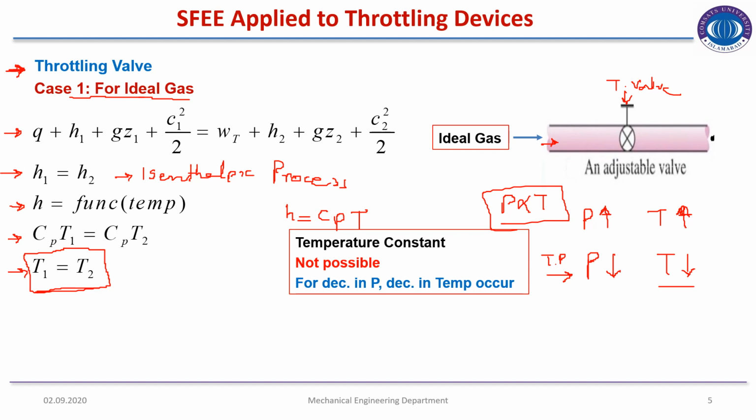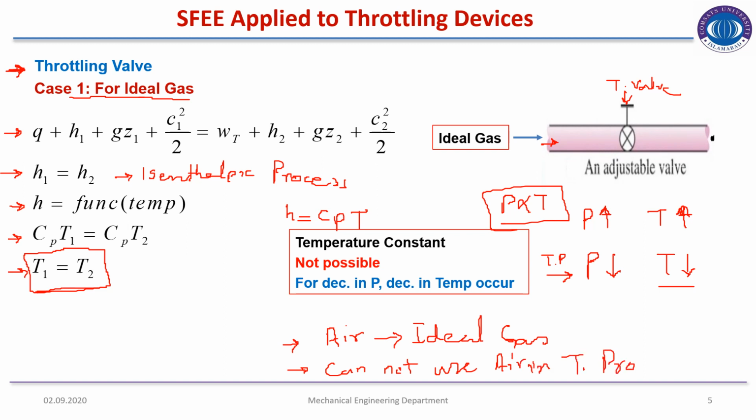So therefore you know that air is considered as an ideal gas. You can use air as an ideal gas, but you cannot use air in the throttling process, because the main focus is to suddenly reduce the pressure, which consequently also reduces the temperature as well.